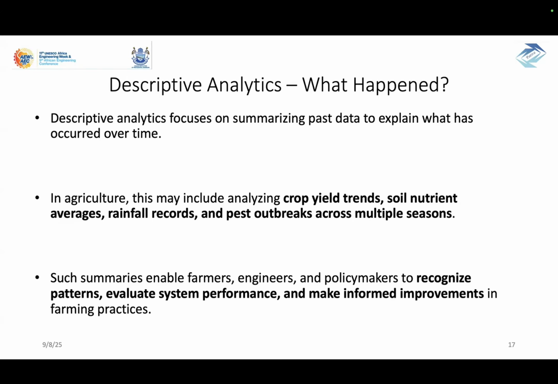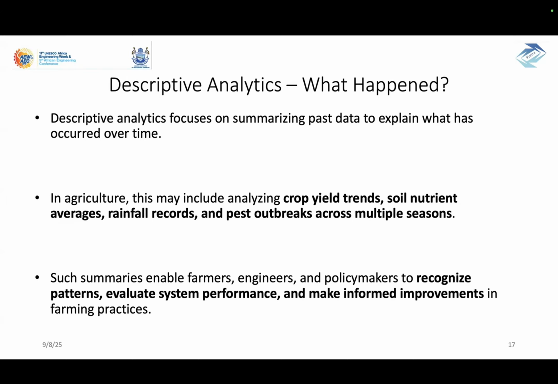What about crop yield? You go into somebody's farm and look at their records for maybe the last 10 or 15 years. They have the average. That's the question, what happened? You can take soil nutrients, use a probe, and find that this soil has a certain amount of nitrogen, phosphorus, potassium, and so forth. Basically, that's descriptive analytics.